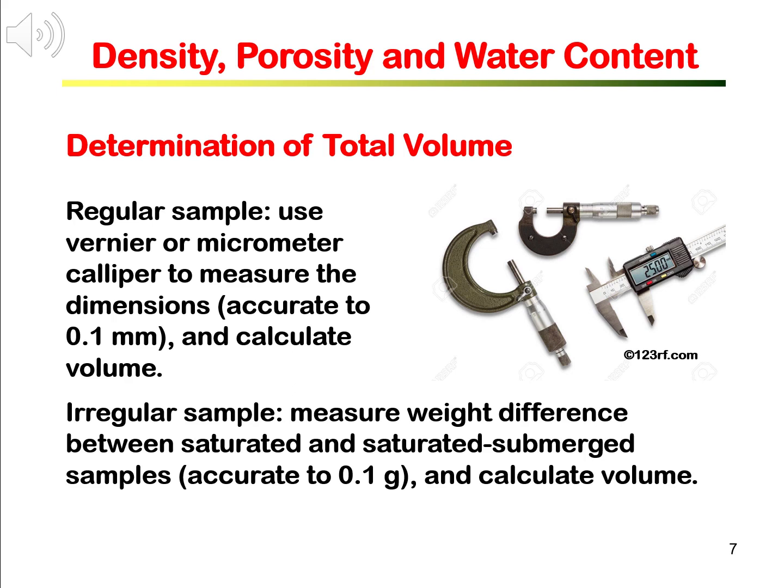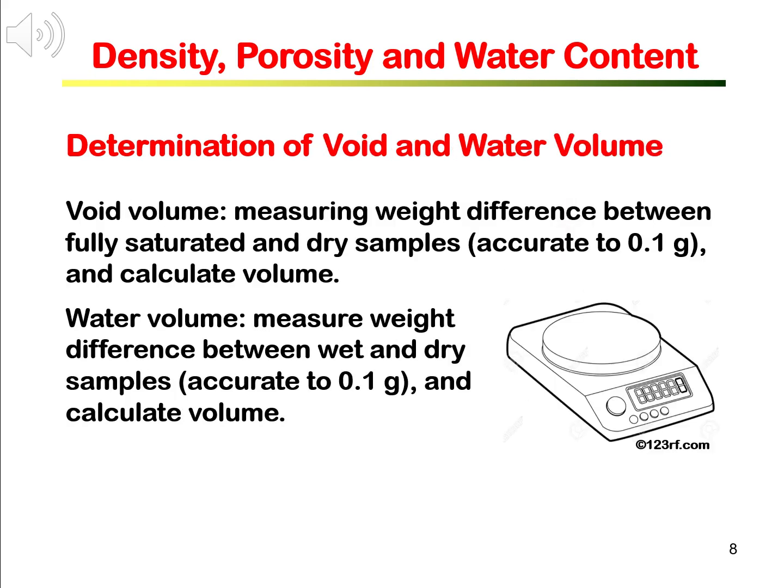With mass and volume measurements, we can compute density. With the measurements on dry mass, saturated mass, and saturated submerged mass, we can also determine the volume of void and the volume of water in the sample.